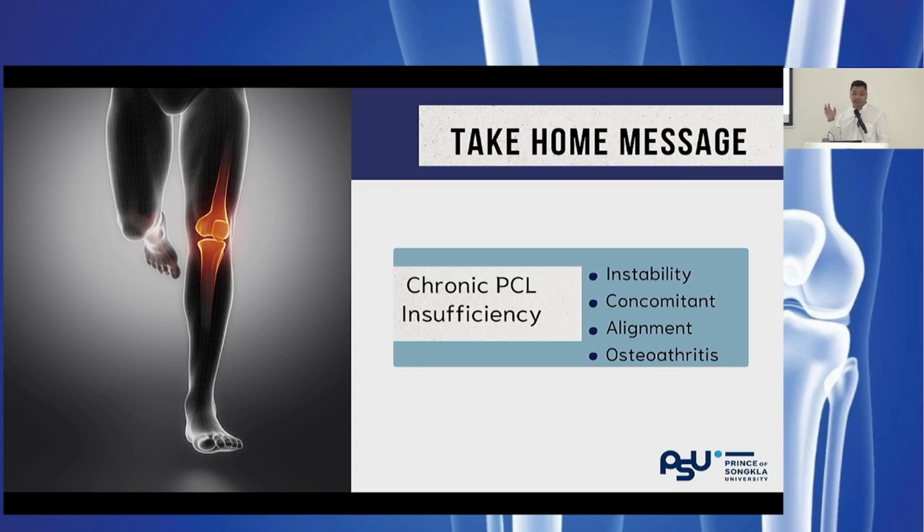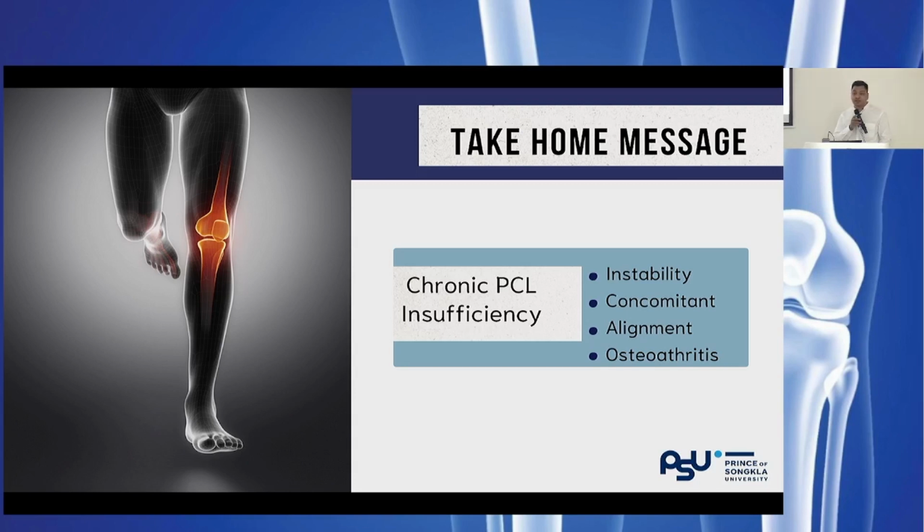Until now, in recent studies, there is no consensus on how much to correct the posterior slope. But we know that if the patient has an increased tibial slope, it can increase anterior tibial translation. My question is, which one do you choose: PCL reconstruction alone, tibial slope osteotomy alone, or both?